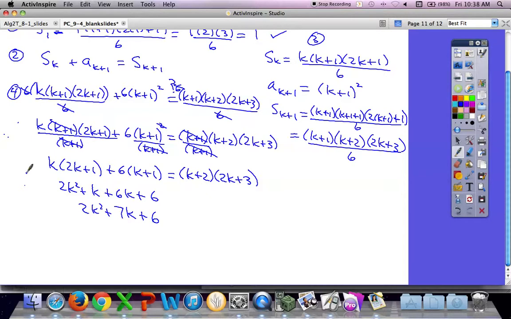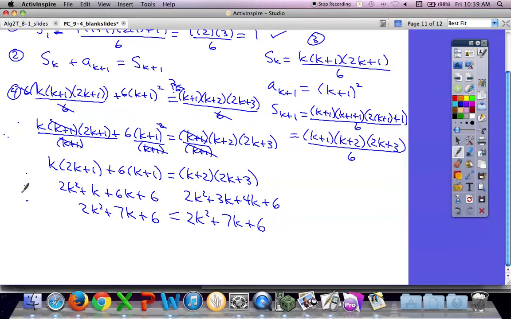You could factor it, or you could FOIL the right side. If you don't want to factor this, you don't have to. You just have to make them look the same. So let's FOIL that. That'll be 2k squared plus 3k plus 4k plus 6, which is 2k squared plus 7k plus 6. And those are the same.